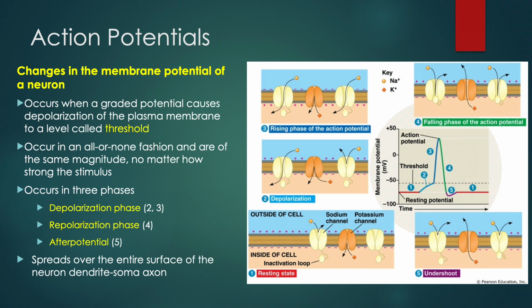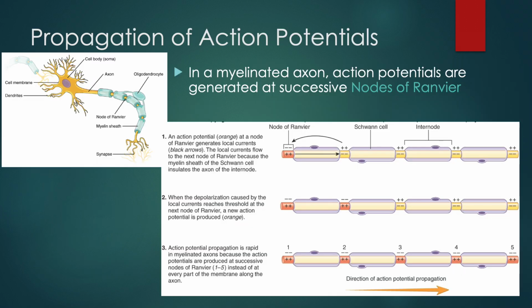There are some special sequences in myelinated axons. In these cases, the myelin covers most of the axon, and there are just little gaps called nodes of Ranvier between the myelinated cells around the axon. This causes the action potential to jump from one node to another, which is much quicker than spreading evenly across the axon.